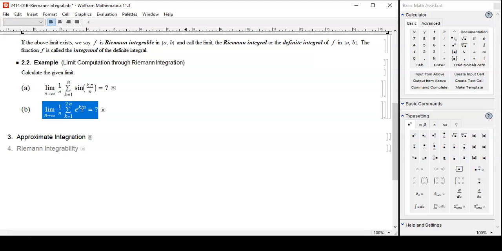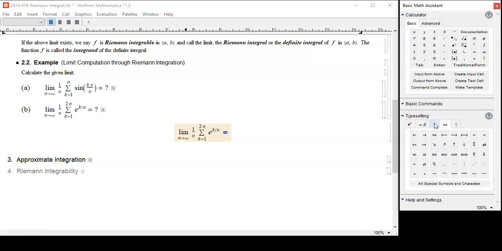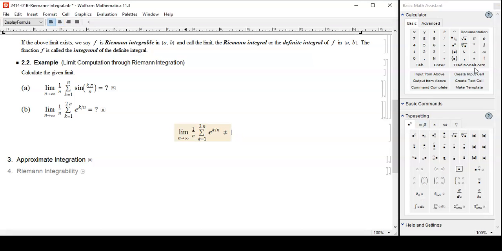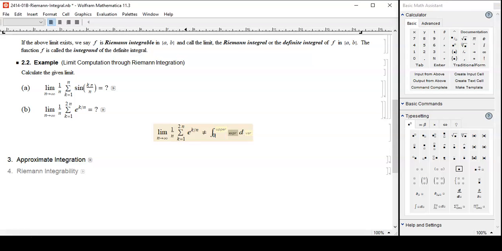In this case, this is not going to be just a simple integral from 0 to 1. This is not going to be equal.